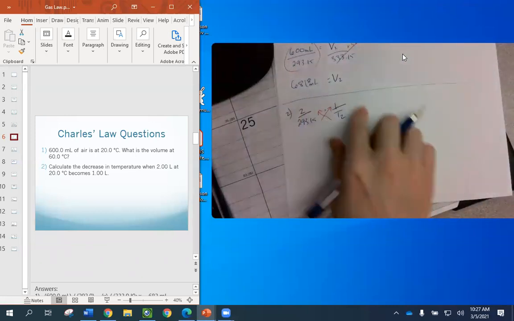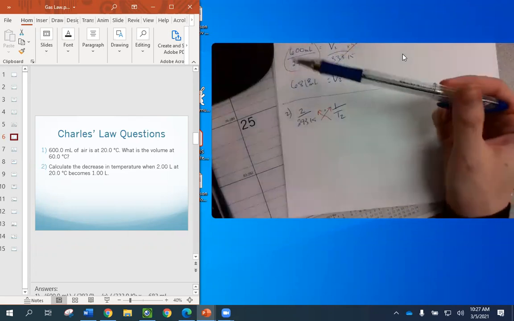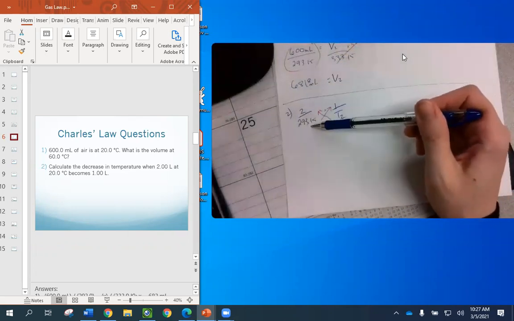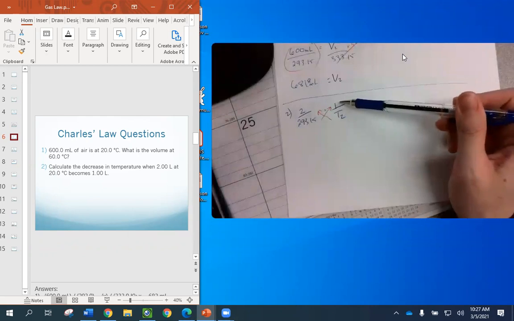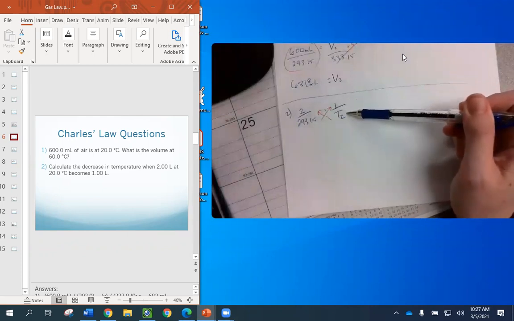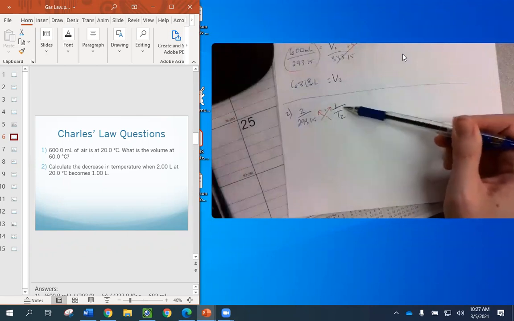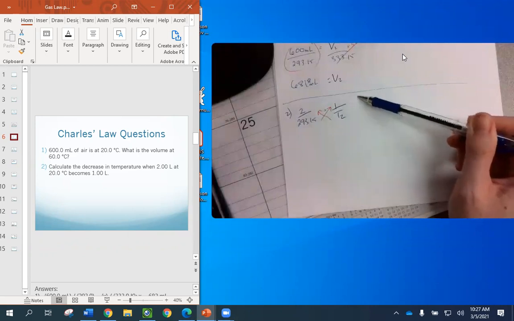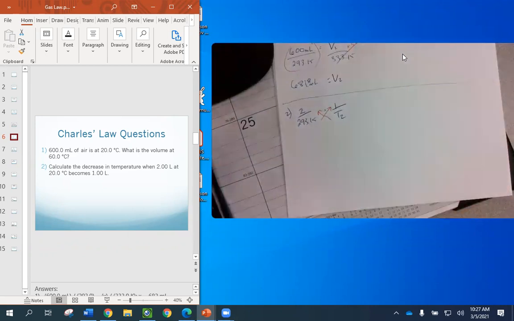Anyway, as we go into the next question, again, I plugged in my initial volume over my initial temperature equals my second volume over my second temperature, and I'm trying to find my second temperature. Now this time, because my variable is on the bottom, I would have to multiply by T2 to move it to the other side. It's actually easier to just cross multiply in this case, or at least I find it easier.